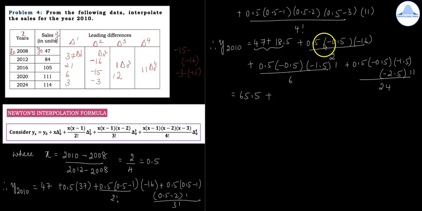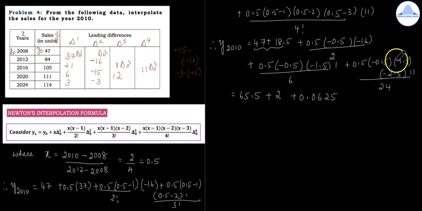Minus into minus is plus, plus into plus is plus. So 0.5 into 0.5 into 16 divided by 2 will be 2. Then plus 0.5 into minus 0.5 into minus 1.5 into 1 by 6. So minus into minus is plus, plus into plus is plus. So this term will be 0.0625.